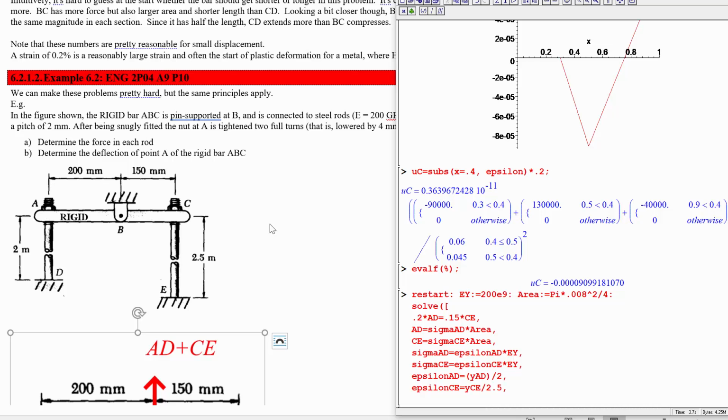So if we let YA be the y coordinate of A, and this the y coordinate of point C, and YA be the final coordinate of point A after this is all settled, then there's some default tension in it, right? If this has not moved up at all, then there's already 4 millimeters of tension built into that rod by the twisting of this nut there.